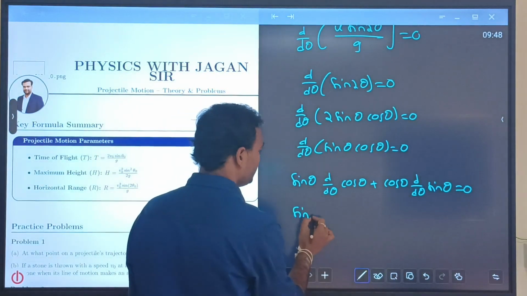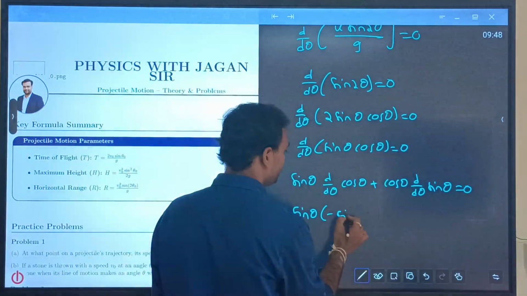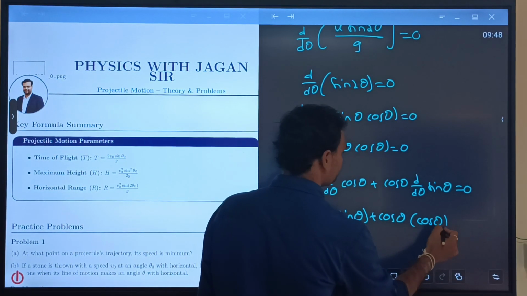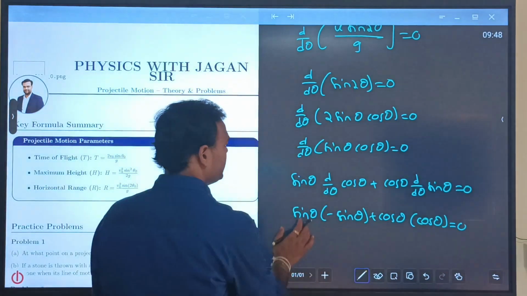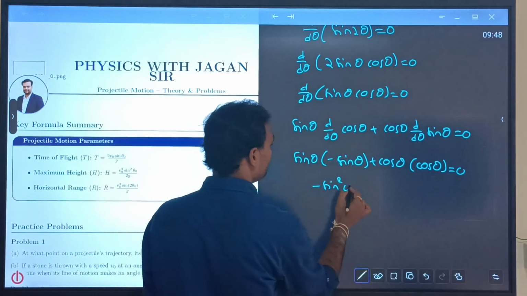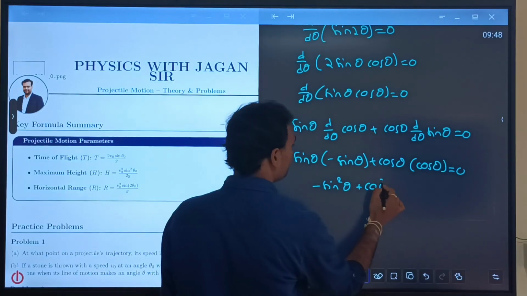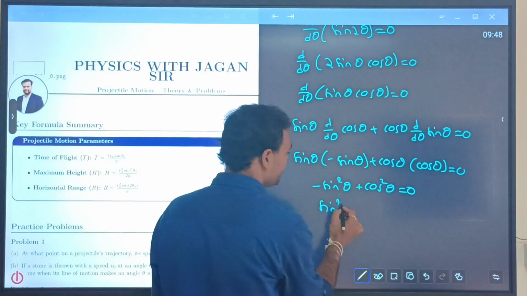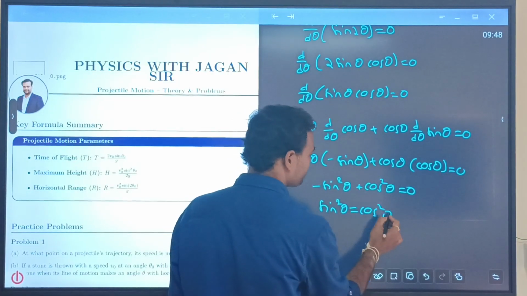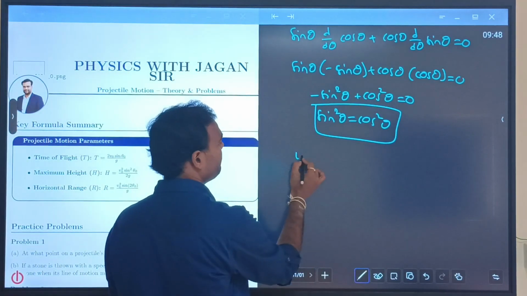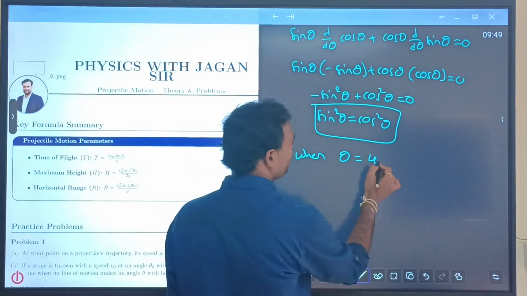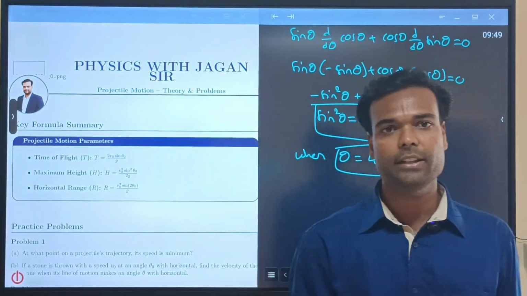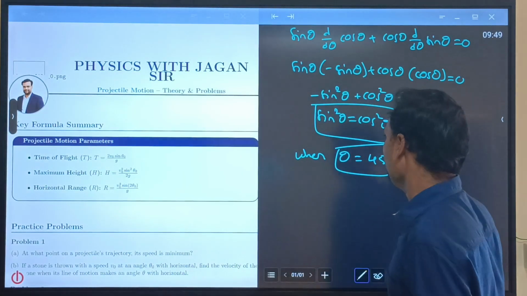Then sin theta times minus sin theta plus cos theta times cos theta is equal to 0. Then minus sin square theta plus cos square theta is equal to 0, right? Then sin square theta is equal to cos square theta, and this happens when theta is equal to 45 degrees.